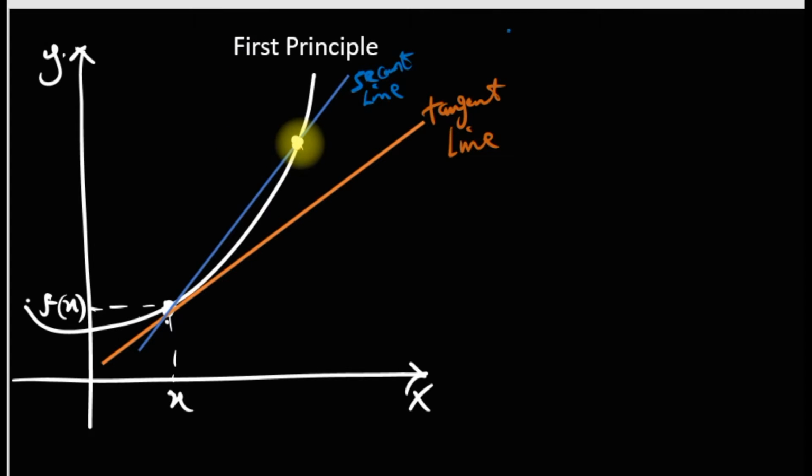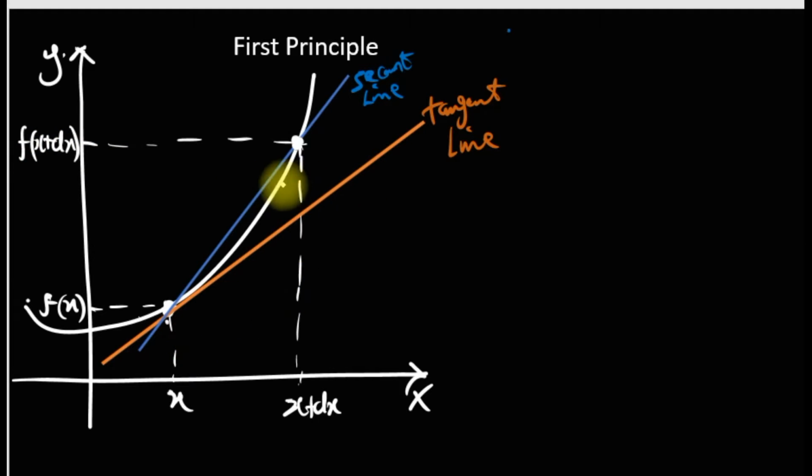So the coordinate of this point is x plus dx. So our y value is now f of x plus dx. Our target was to get the slope of a tangent line, but we introduce another point because we can't find the slope of a line with only one point.